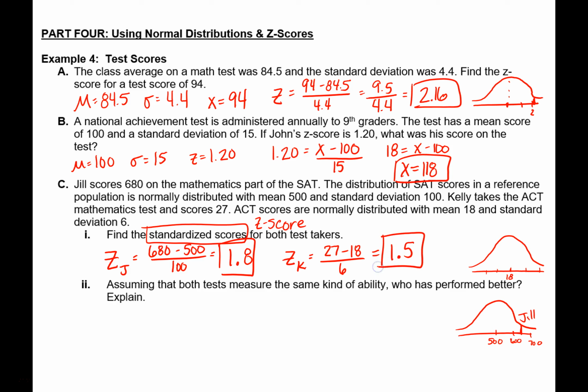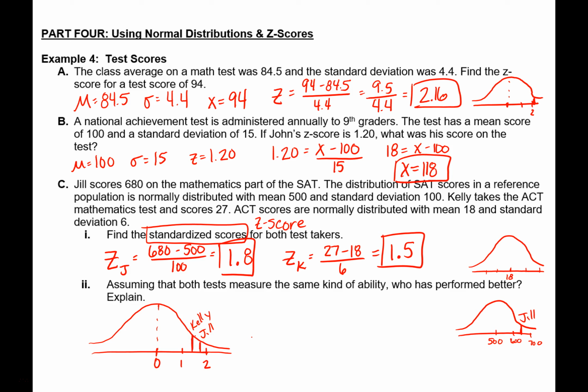All right, so now we know Kelly's z-score and Jill's z-score. So we can think about those on the same curve because we have the same x-axis of 0. So there's a 1, there's a 2. I'm not going to label the rest because both of our girls fit within that. A 1.8 is going to be up here somewhere, and that's Jill. A 1.5 is going to be a bit lower than that here, and that's going to be Kelly.